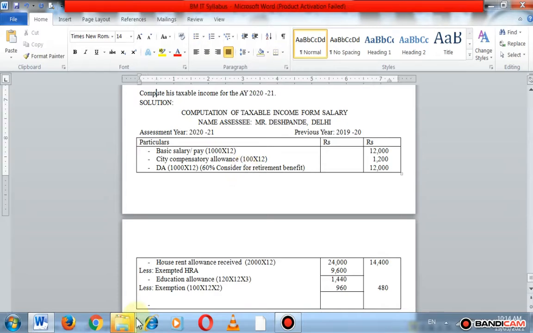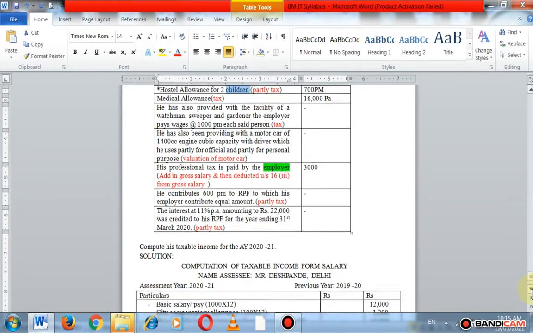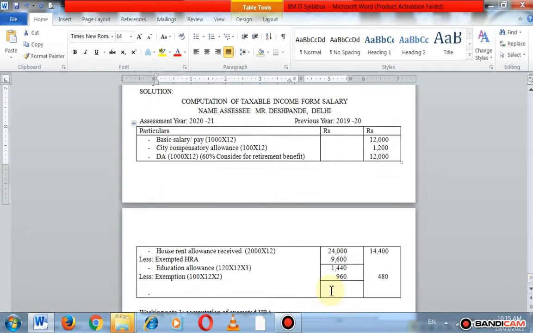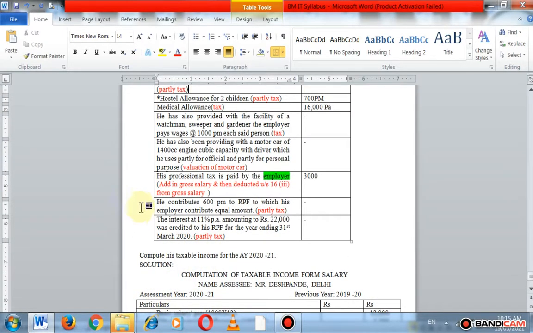The next allowance is hostel allowance. Hostel allowance is also partly taxable and partly exempted. Here, hostel allowance for two children amounted to rupees 700 per month.